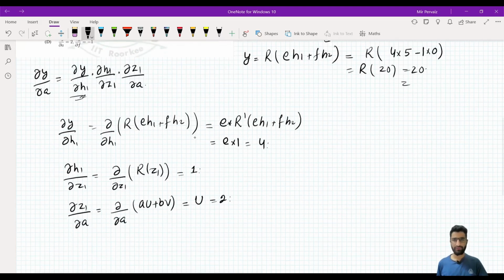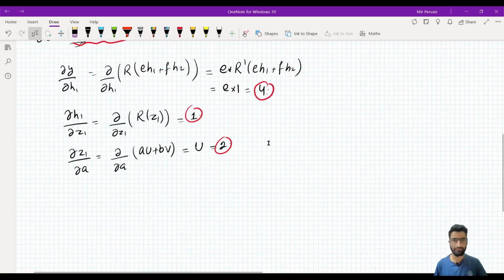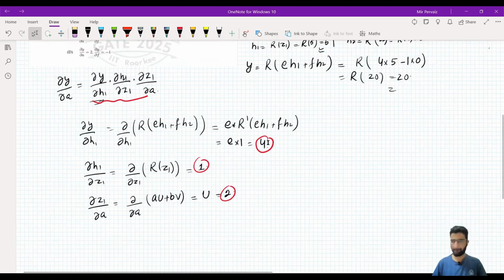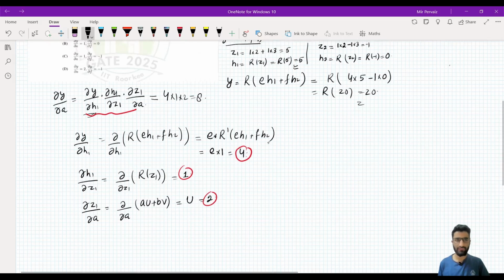So if we use the calculated values and put them in the product, we get 4 into 1 into 2, which is 8. So this is your value calculated.